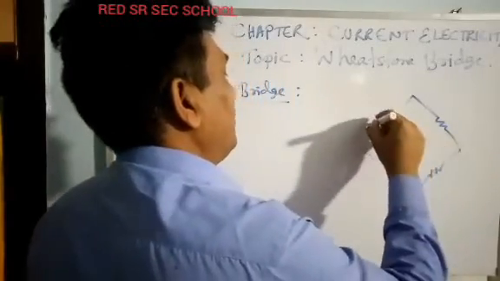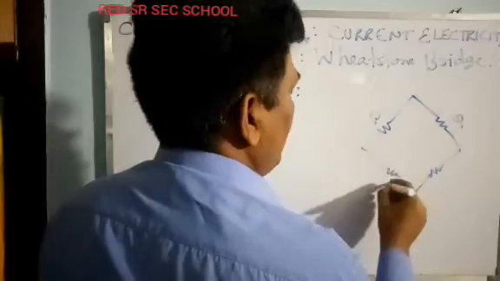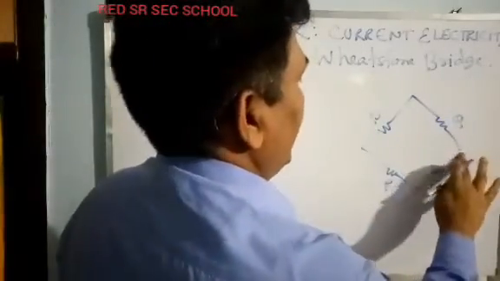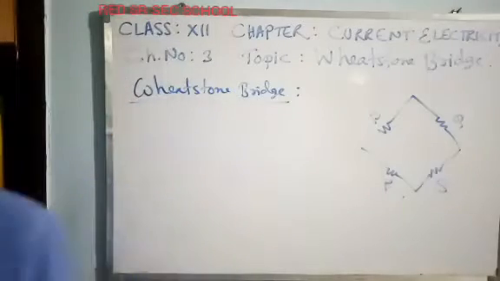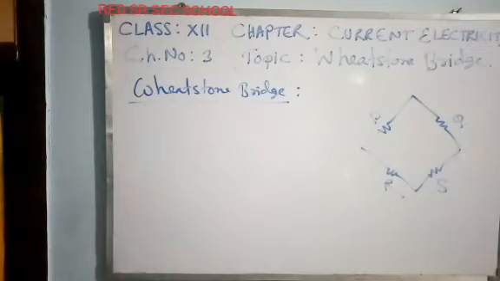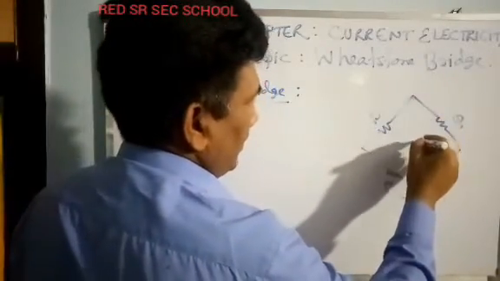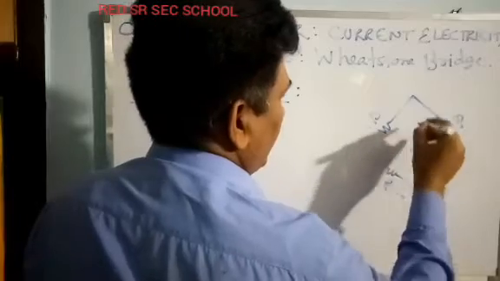P, Q, R, S. It is a quadrilateral network of 4 resistors in which one diagonal is connected through a galvanometer.